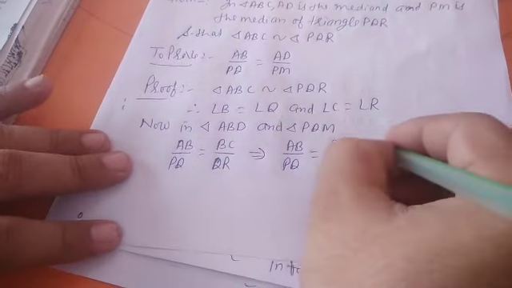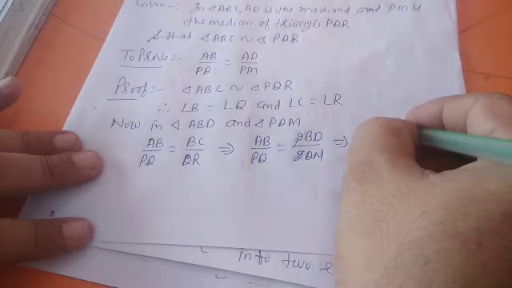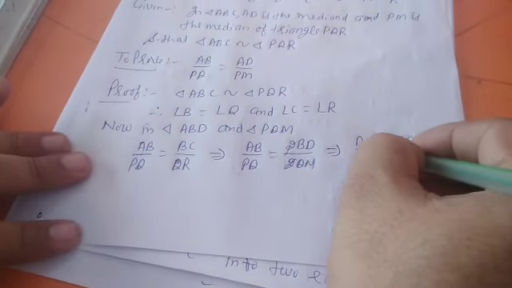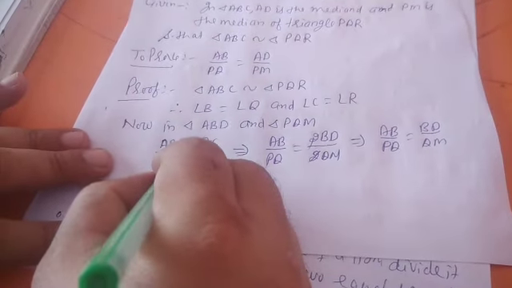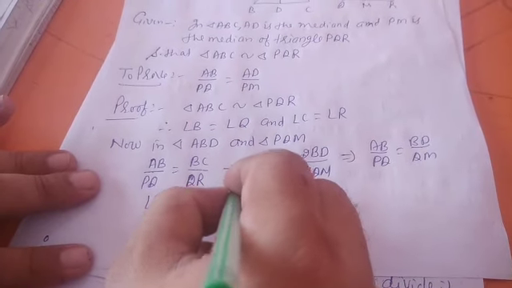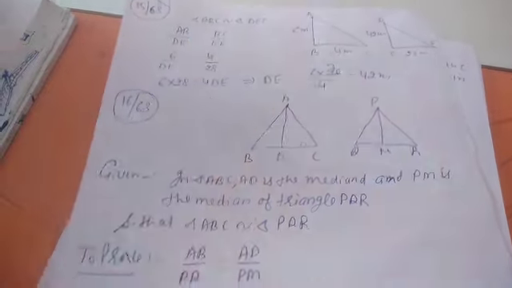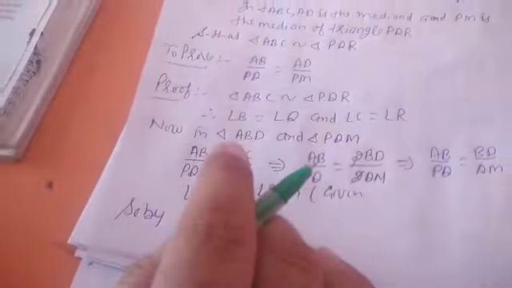This implies AB by PQ is equal to BD by QM. Angle ABD equal to angle PQM, given. So, two sides and included angle are equal.